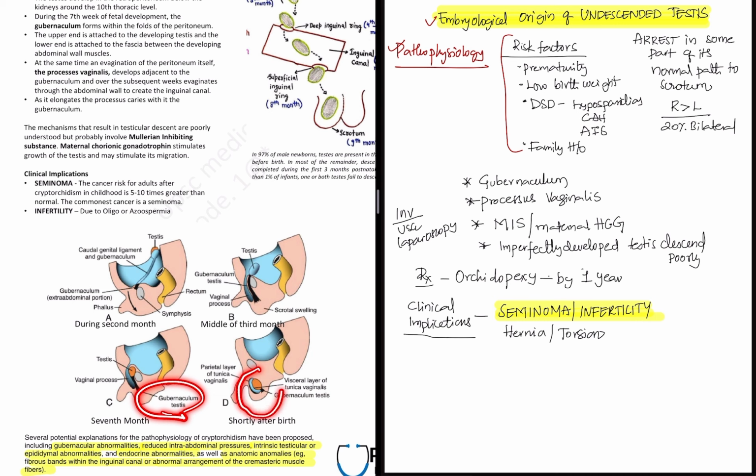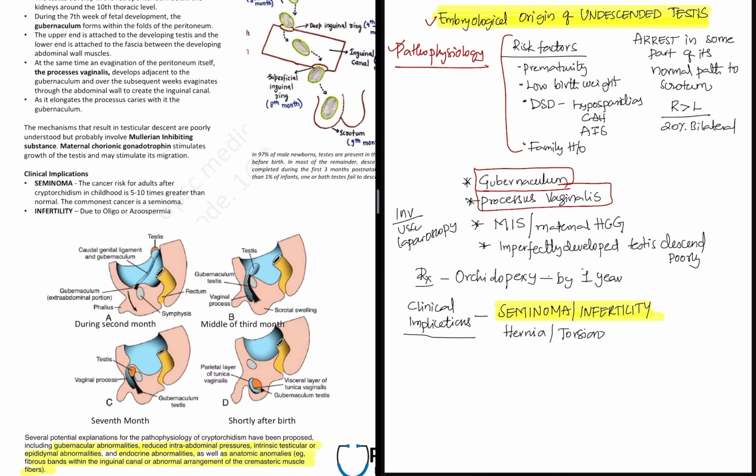Once the testis reaches the scrotum shortly after birth, the processus vaginalis forms the tunica vaginalis, which has parietal and visceral layers, and you also see some gubernaculum testis attached to it. So the two important structures in descent of the testis are the development of the gubernaculum and the development of the processus vaginalis.